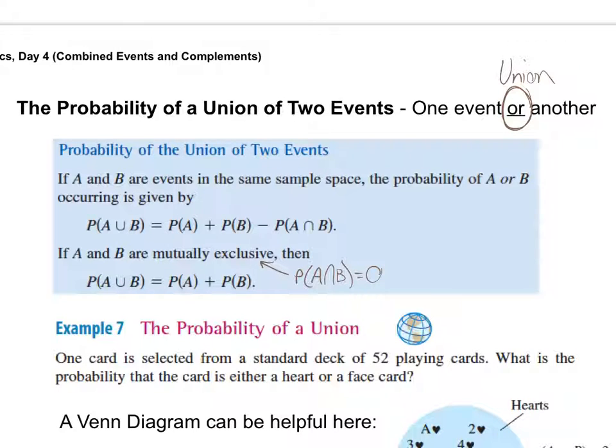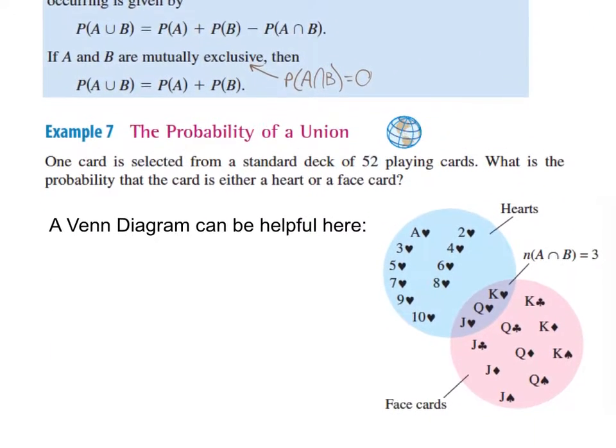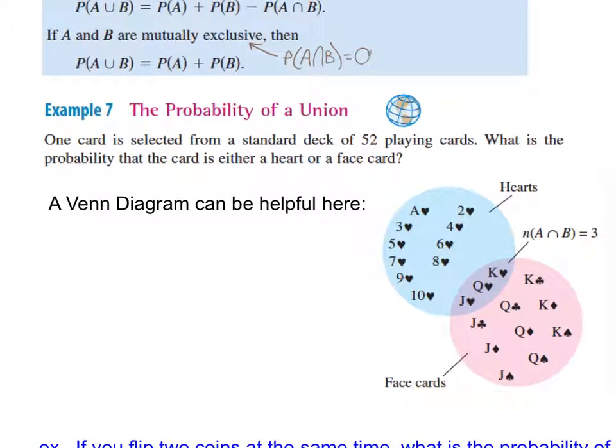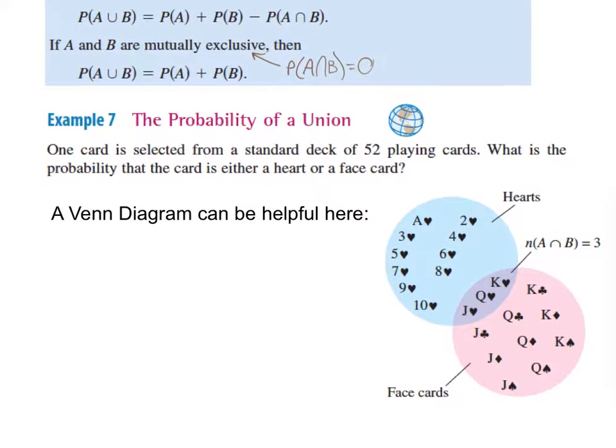So if we think about this problem down here, one card is selected from a standard deck of 52 playing cards. What's the probability the card is either a heart or a face card? Now, this is a great example of one where the Venn diagram is helpful.